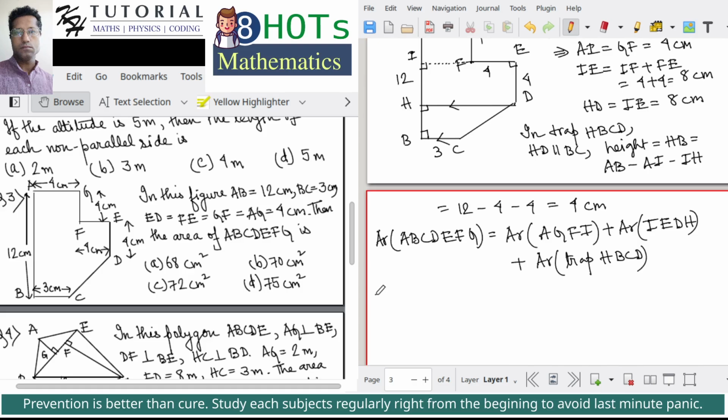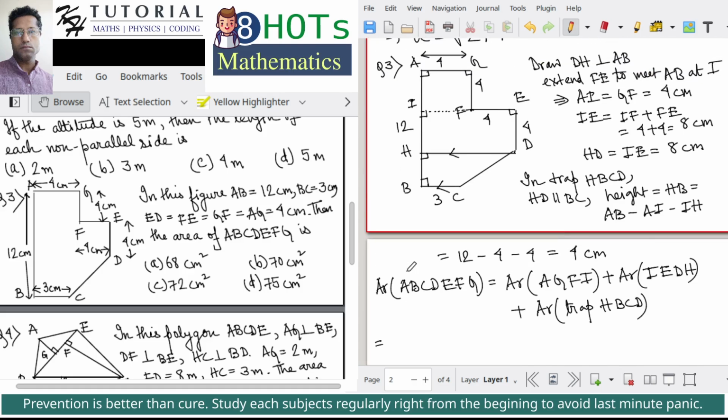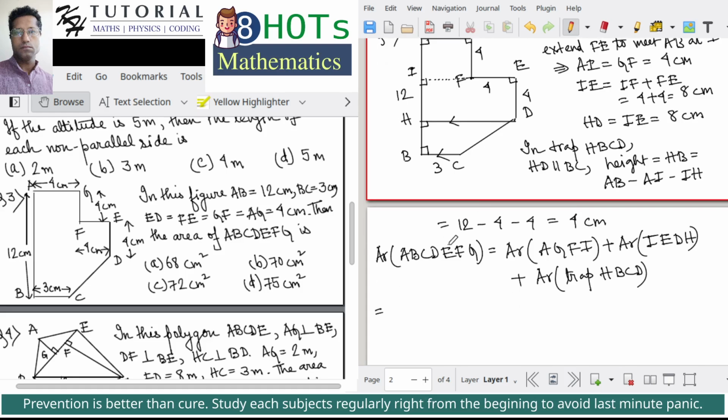So what is the area of the square AGFI? Each side length of the square AGFI is 4 centimeter, so this is 4 square, plus what is the area of the rectangle IEDH? IE is 8, the length of the rectangle IEDH is 8 and the breadth is 4.